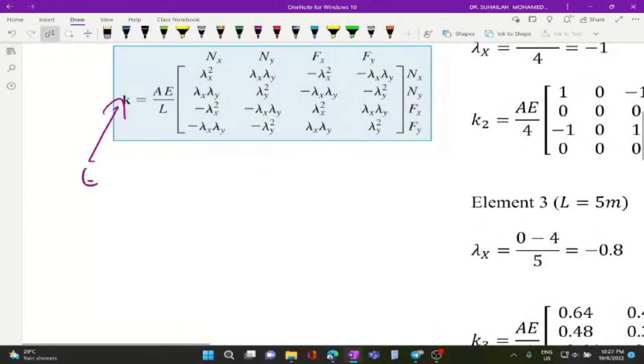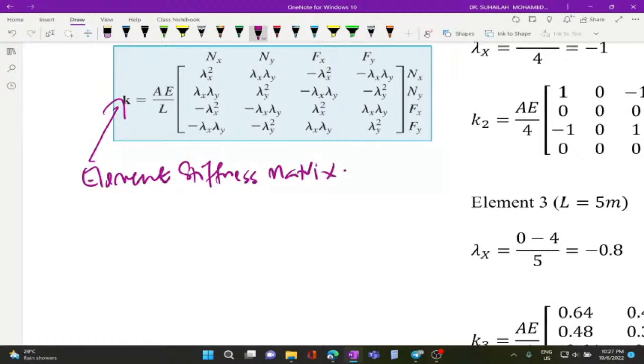It means that we have to use this formula for each element to form, or to produce, the element stiffness matrix.